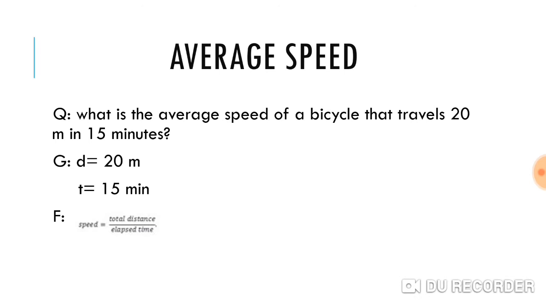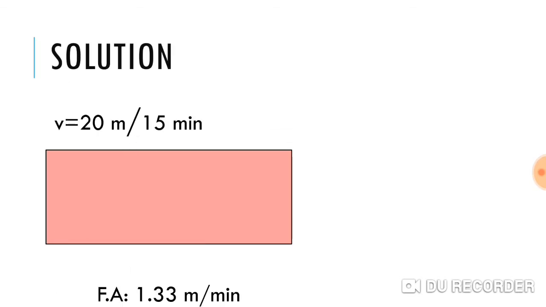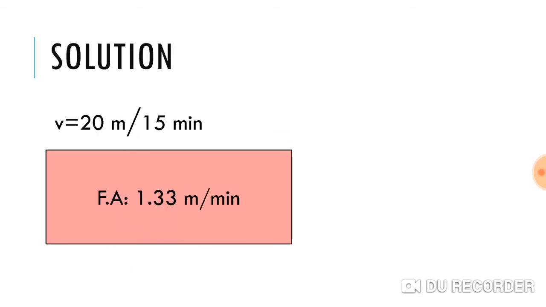The given is distance 20 meters and the time is 15 minutes. And the formula is speed equals total distance over time. Solution. Average speed equals 20 meters divided by 15 minutes, and your final answer will be 1.33 meters per minute.